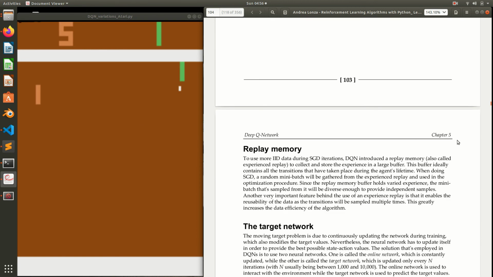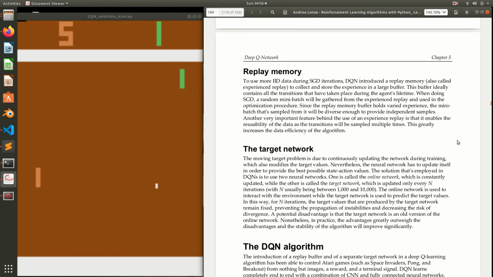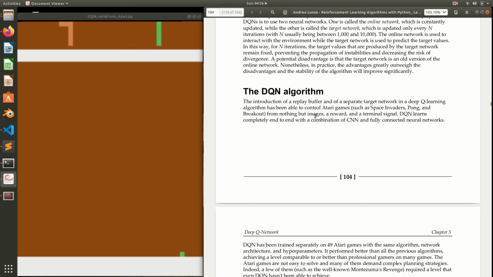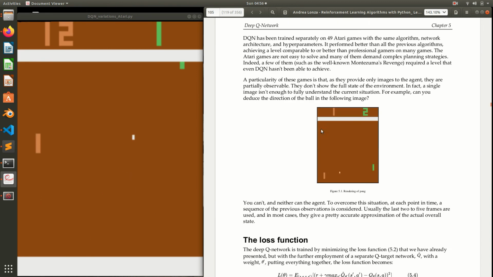So you can find other topics of Deep QN like double Deep QN, that is an algorithm based on two Deep Q networks.